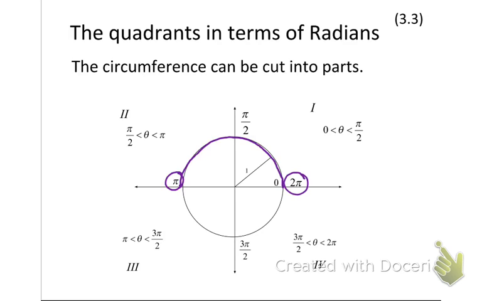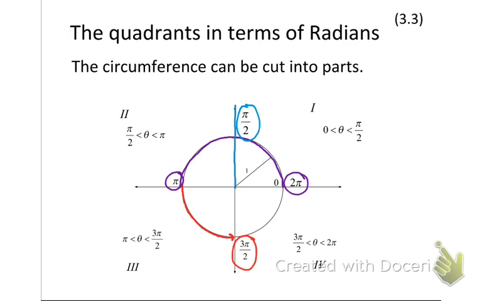If we cut this in half, we're going to get half of a pi, or pi over 2 radians. And then if we continue around from pi and add on a half of a pi radians, we're going to end up with 3 pi over 2 radians.